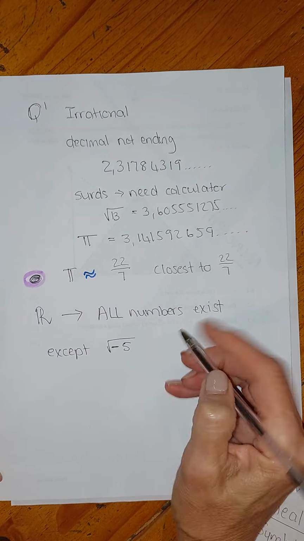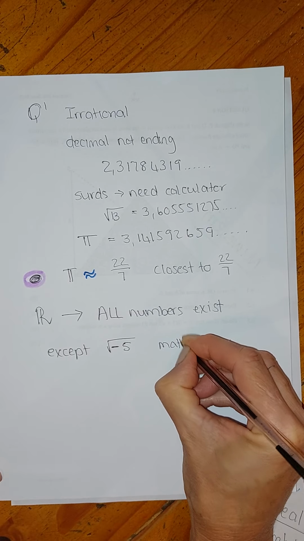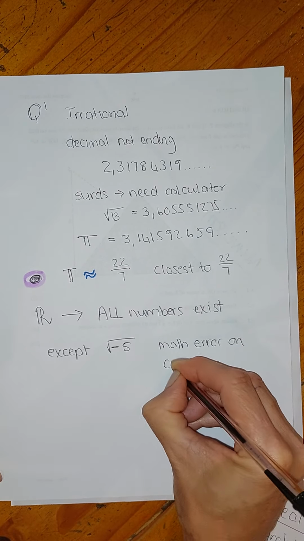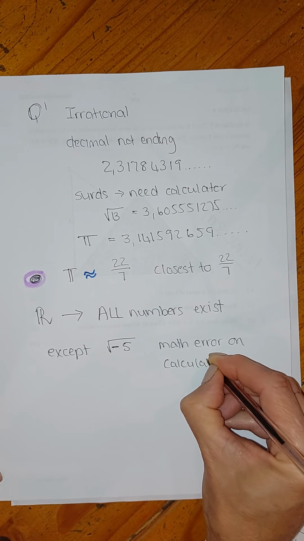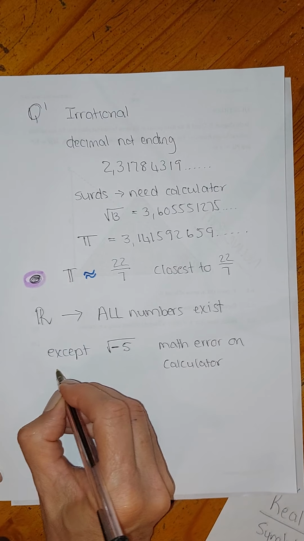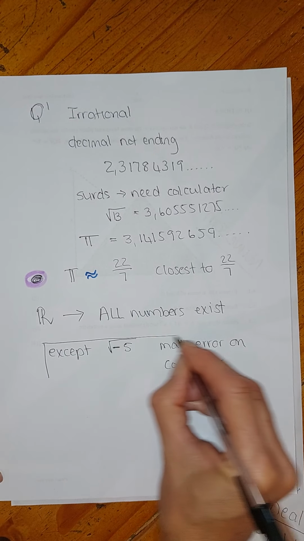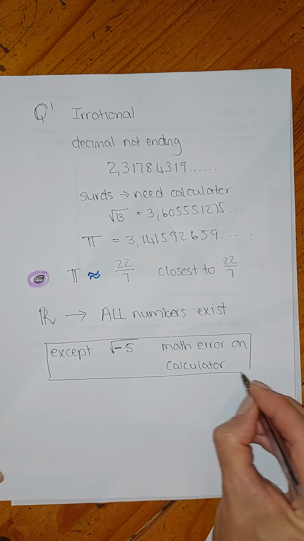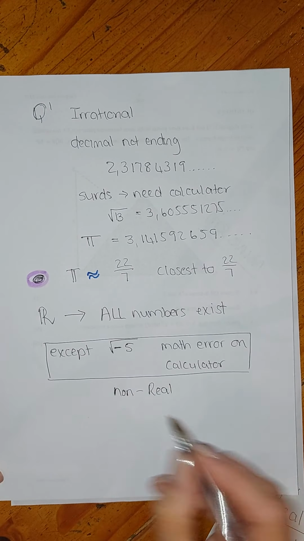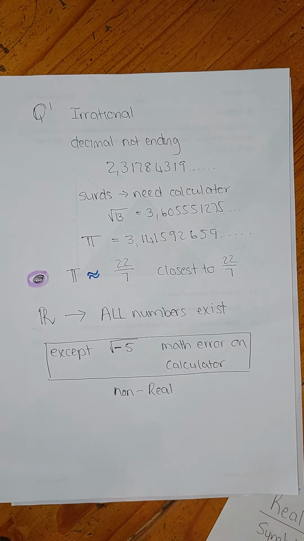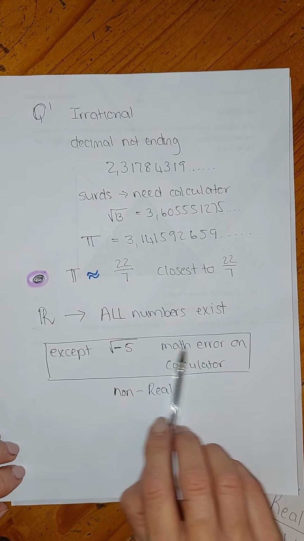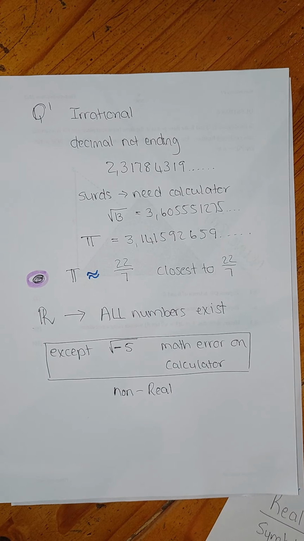If it gives you a math error on the calculator, it means that it does not exist, and we call those non-real numbers. So the real numbers are all the numbers that exist, and the only ones that do not exist are the ones that show you a math error.